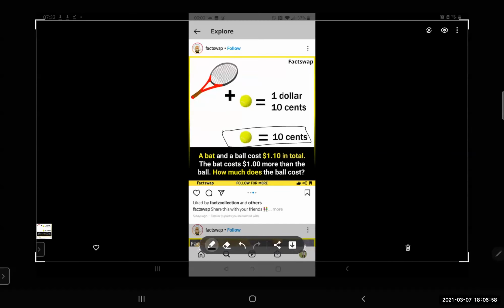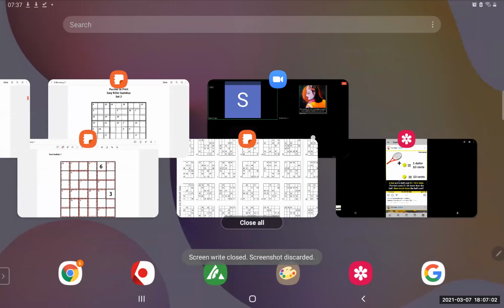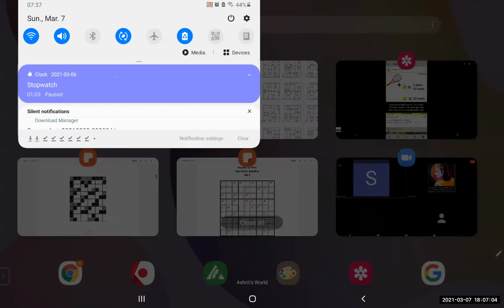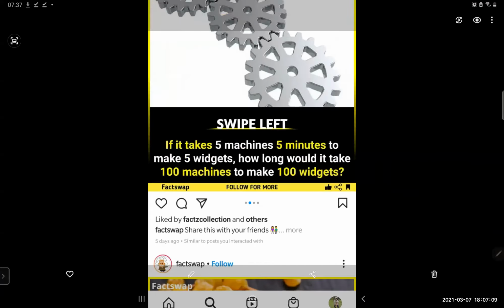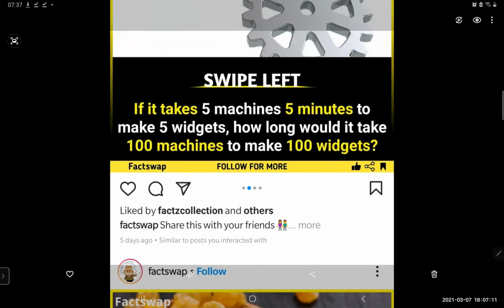Okay, let's look at another question. If it takes 5 machines 5 minutes to make 5 widgets, how long would it take 100 machines to make 100 widgets?